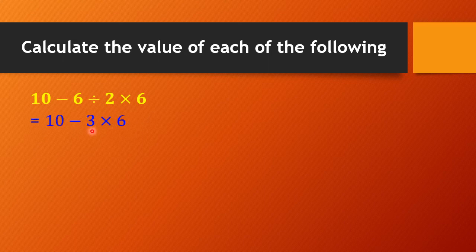After that, we have subtraction and multiplication. The first will be multiplication. So 3 times 6 equals 18. 10 minus 18. After that, we will do the subtraction. 10 minus 18 equals negative 8.